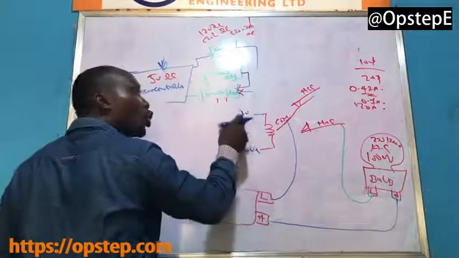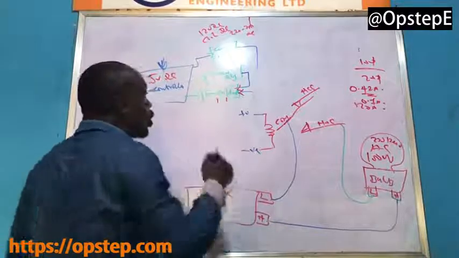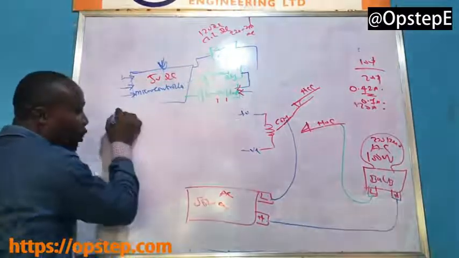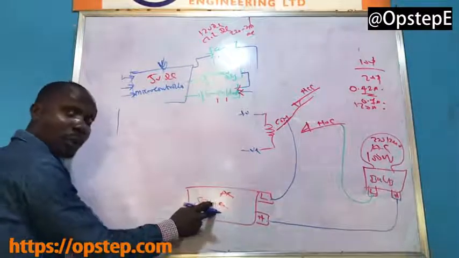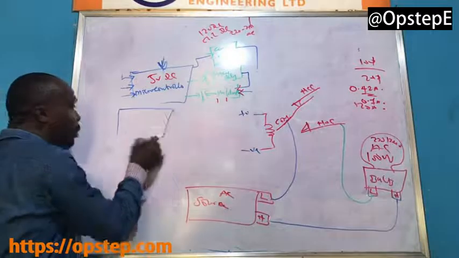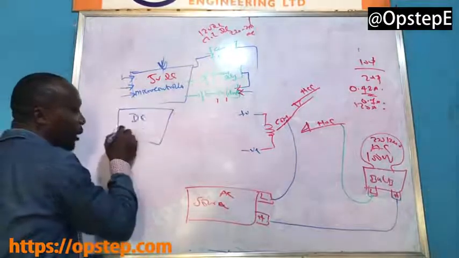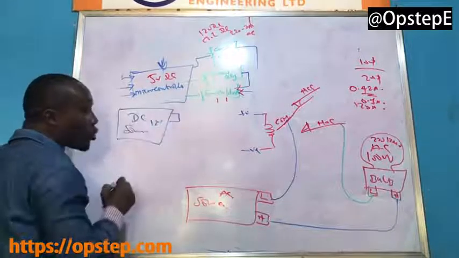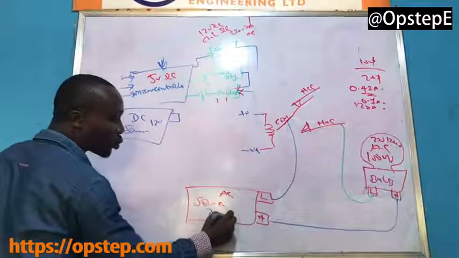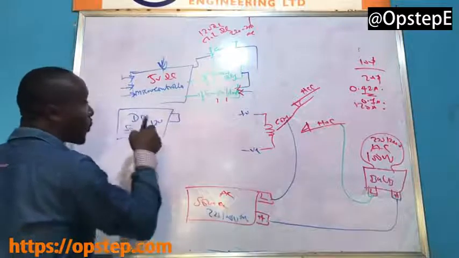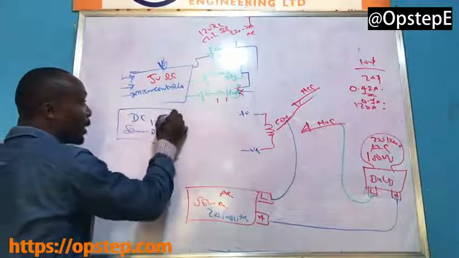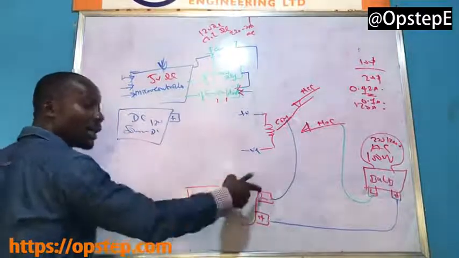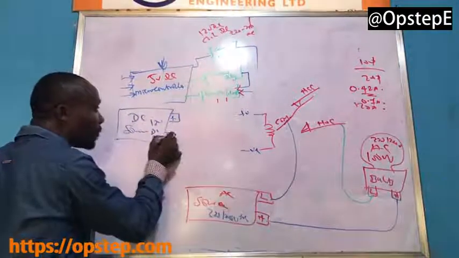Now, if I have a DC source that can supply me 12 volts, that supply is different from this supply. Don't forget this one is supplying 220 to 240 volts AC, while this is supplying 12 volts DC. Here we are talking live and neutral, here we are talking positive and negative.